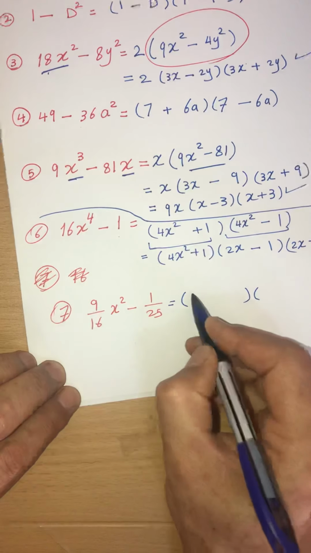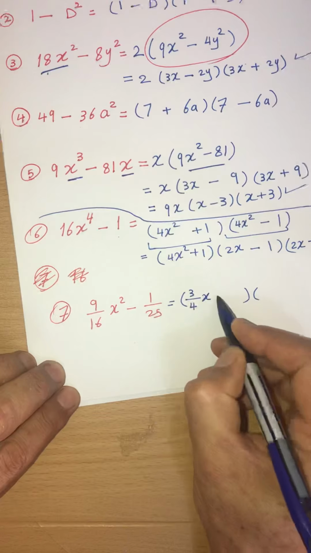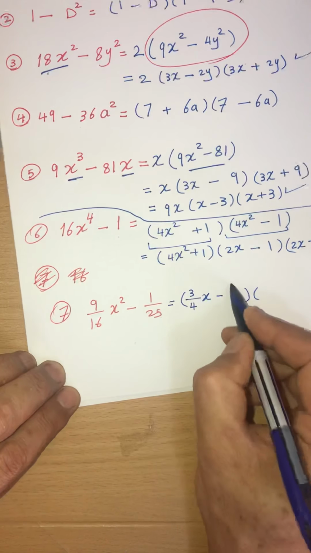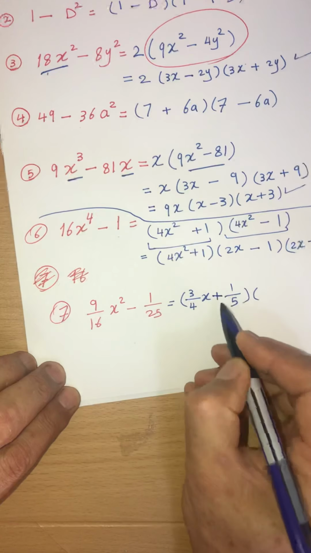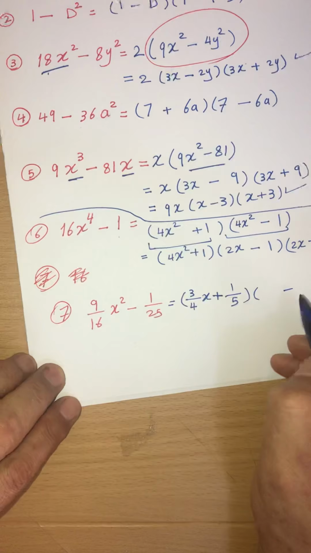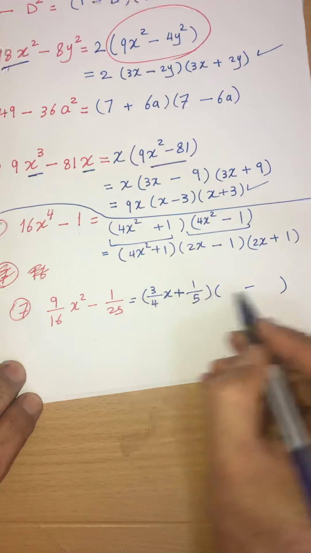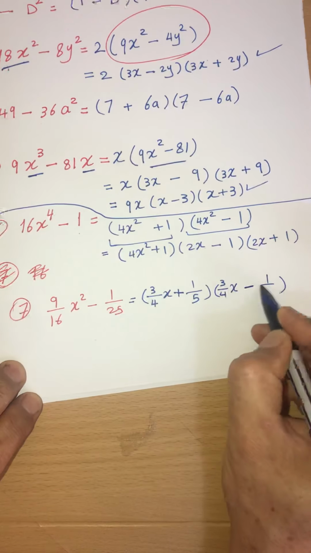Square root of 9 is 3, square root of 16 is 4, x minus the square root of 1 over 25, which is 1 over 5. You can write plus or minus, it doesn't matter. If you write plus here, the other bracket will be minus. So write the same amount, 3 over 4x, but minus 1 over 5.